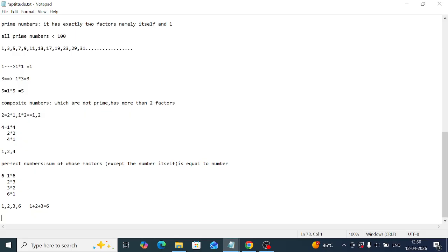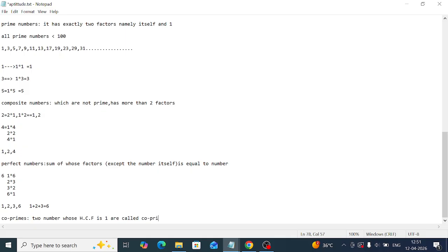Next, co-primes. Co-primes or relative primes. Two numbers whose HCF is 1 are called co-primes.